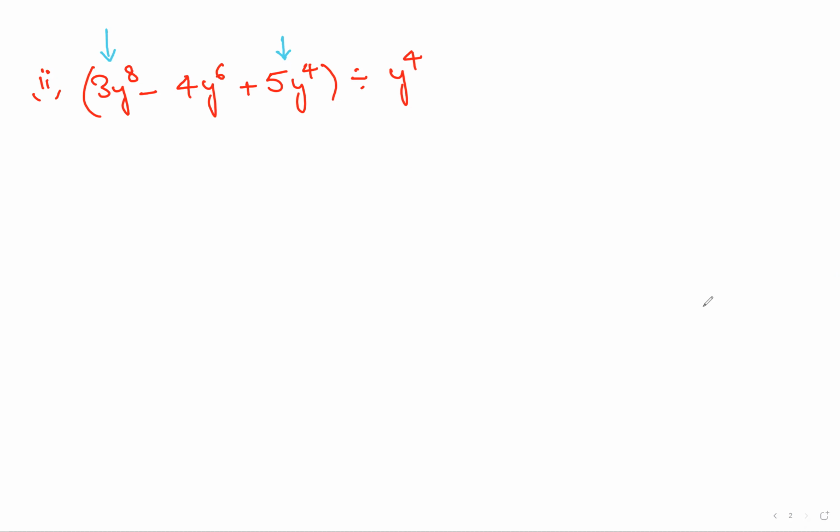We have to go with taking common from each term. So let me write it as 3y to the power of 8 minus 4y to the power of 6 plus 5y to the power of 4 divided by y to the power of 4. Is it right?